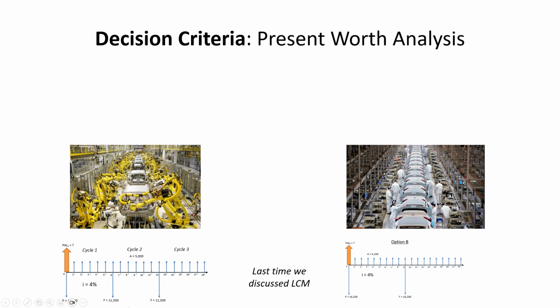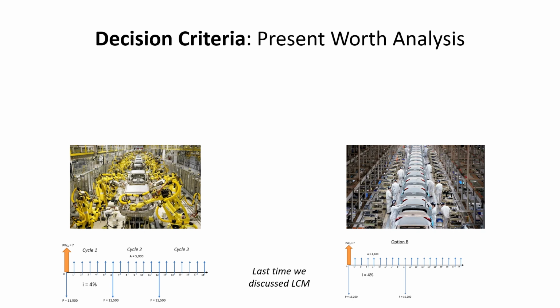So we looked at this cash flow diagram where we had to repeat the short cash flow diagram with 3 cycles and the longer of the 2 with 2 cycles that both terminated with 18 years. And then when the same study period is applicable to both options, then we can find the present worth and apply the decision criteria. Does anybody recall what is the decision criteria that we apply for present worth analysis?